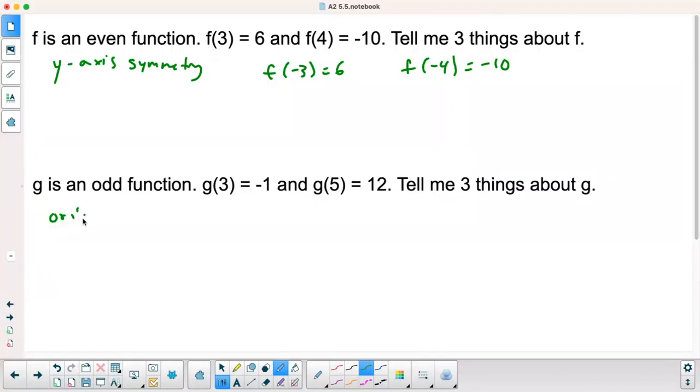Odd, obviously it has origin symmetry. g of -3 will equal +1. Opposite x's, opposite y's. g of -5 will equal -12. So there's my three things.